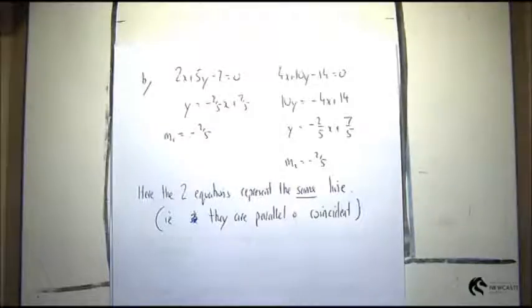In the other case, it was plus 20, so therefore it's not the same line, whereas in this case where it's minus 14, it is the same line. So that is a constant multiple of that, or the other way round. Okay? And that will always be the case. They will only represent the same line if one is a constant multiple of the other. It doesn't have to be a factor, it just has to be a multiple.